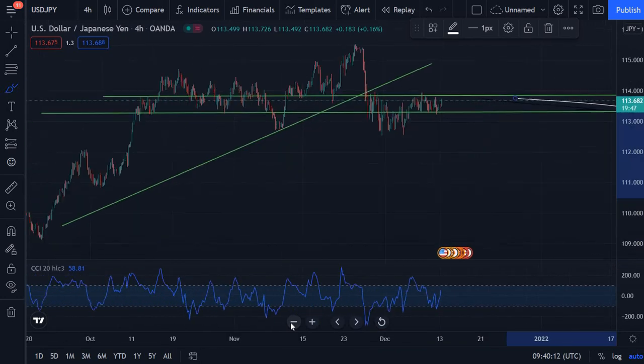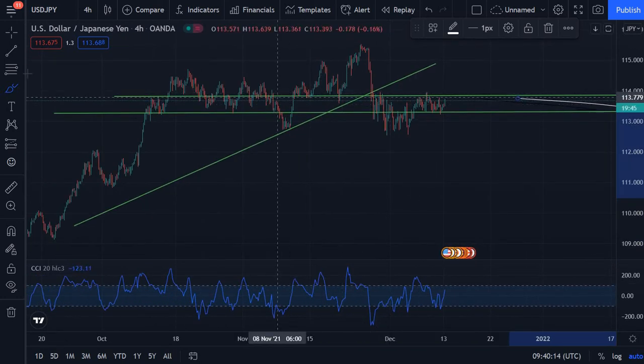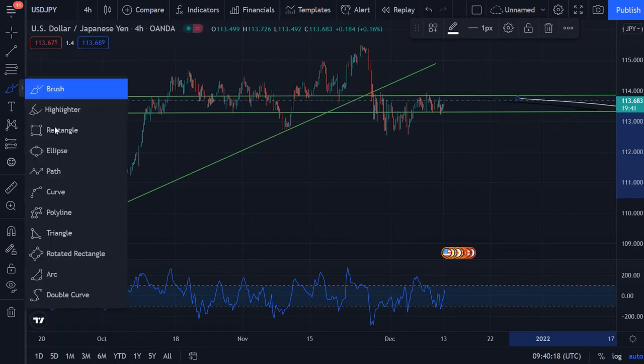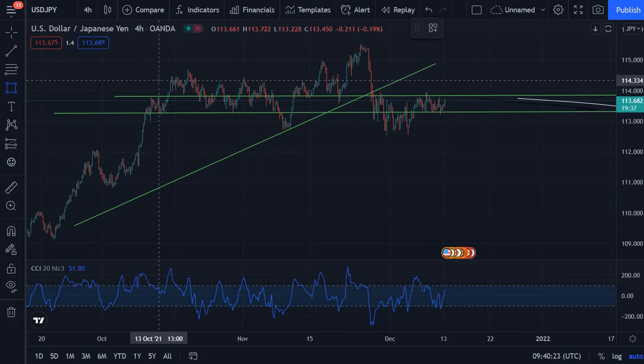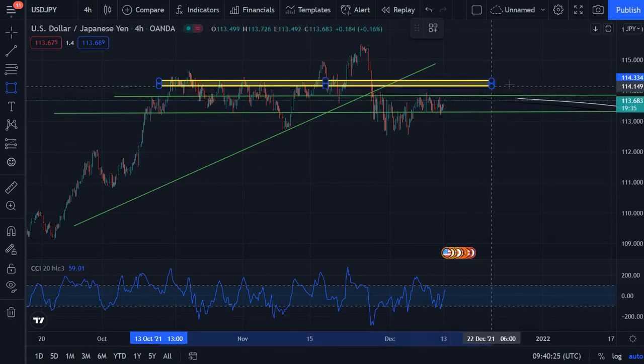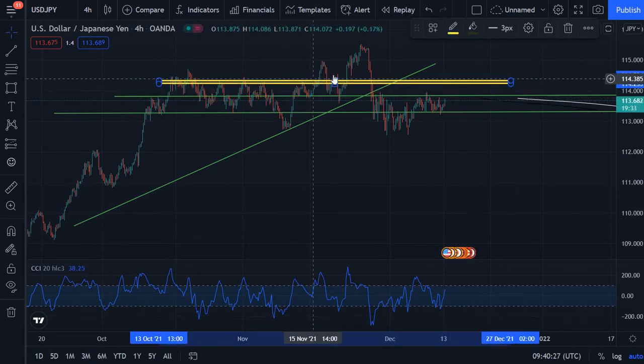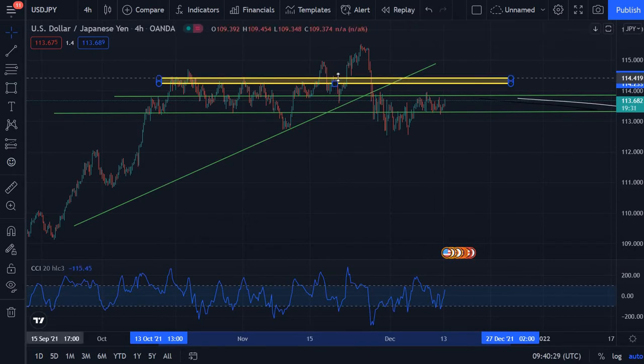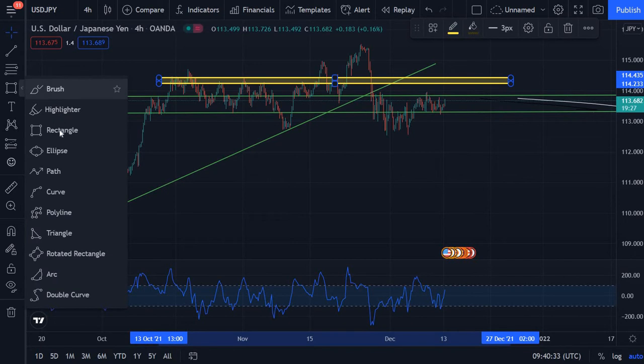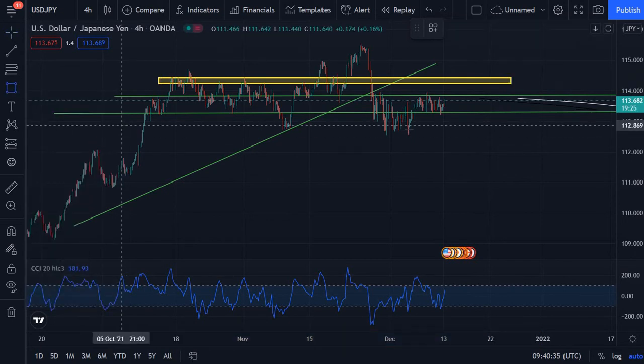Let's see what I'm looking out for here. If we draw some kind of bigger zones here, would be around here. So the first one, the other one would be around here.